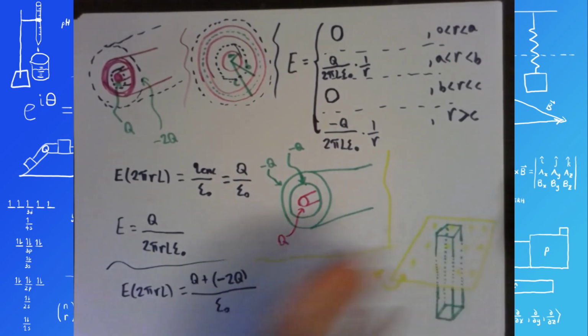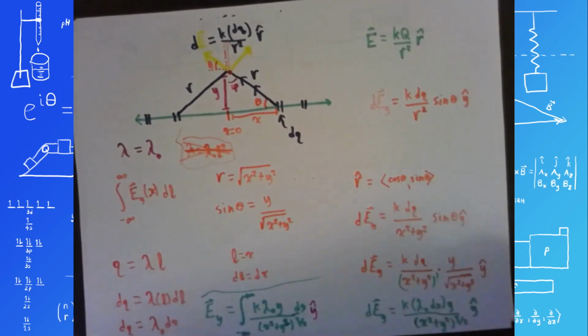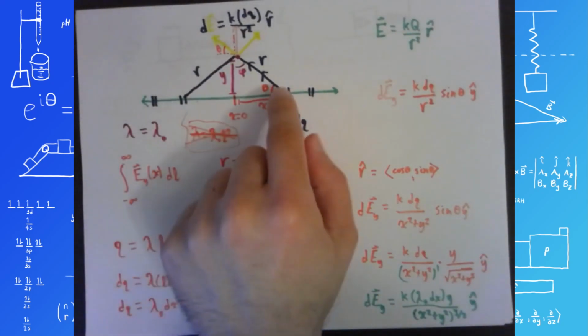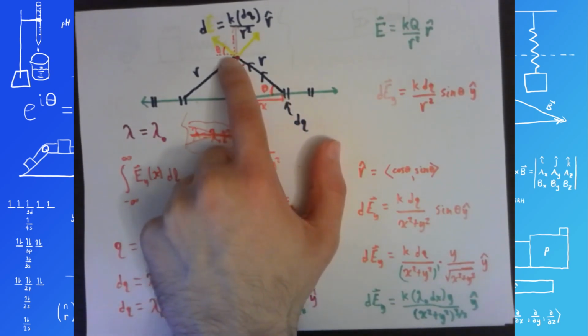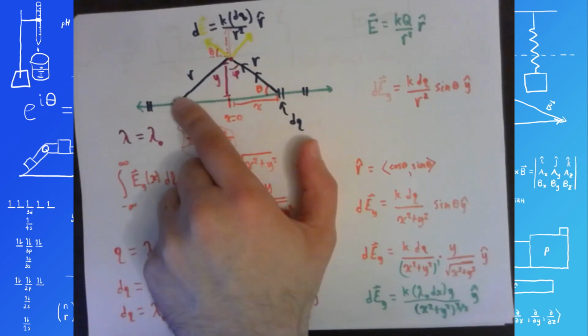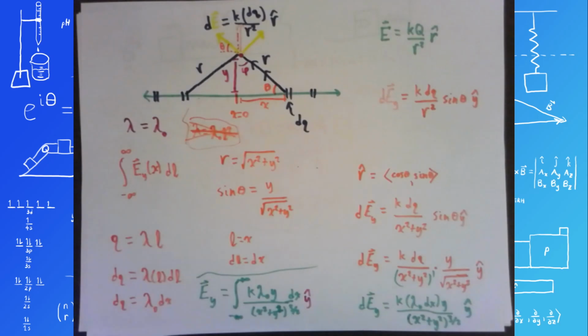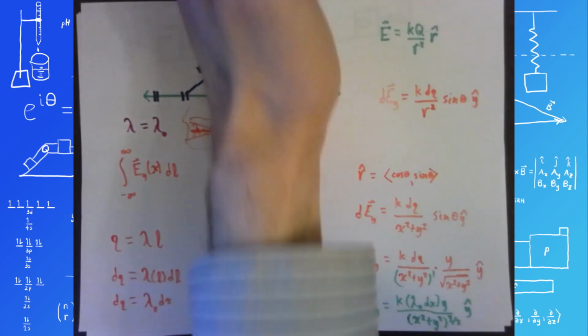First off, if you have an infinite sheet of charge, then similar to what we did last week with the infinite line of charge, for every point on the surface of your infinite sheet that produces an electric field at some point outside of the sheet, there's always going to be another point on the opposite side of the sheet that cancels any components parallel to the sheet, leaving you only with the electric field components that point directly away from the sheet, perpendicularly away from the sheet.